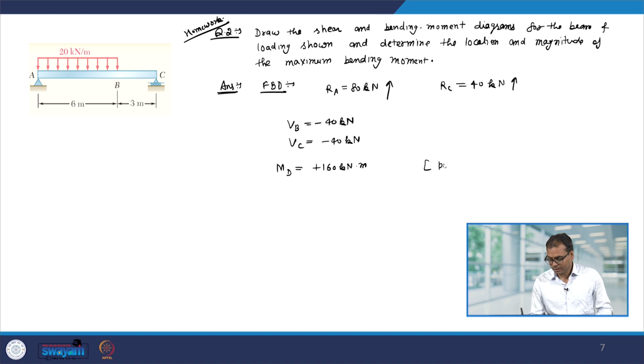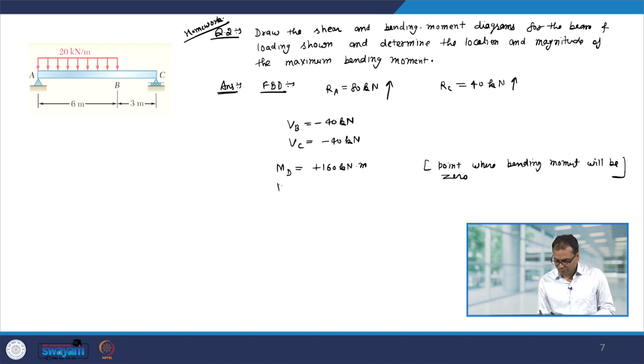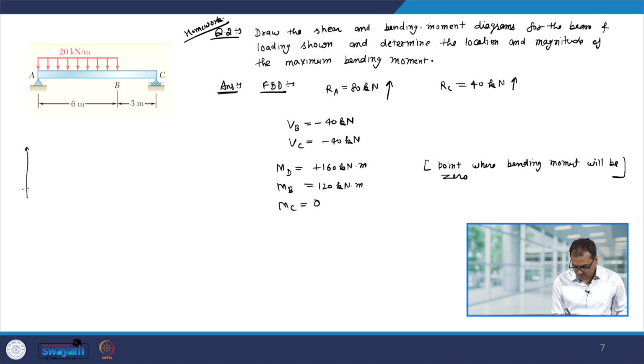So, this is the point where the bending moment will be 0. You can find out the bending moment at point P, it will be 120 kilonewton meter, and the bending moment at point C will be 0. The diagram will look like this.